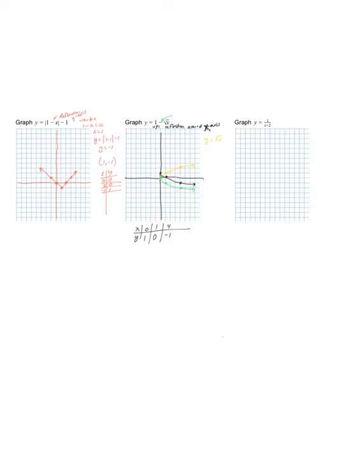Lastly, I know that if this graph were to be y equals 1 over x, that would have a horizontal asymptote and a vertical asymptote. And I know that the graph would follow those asymptotes. However, it's got a +2 on the bottom. So there's a +2 on the inside of the function.